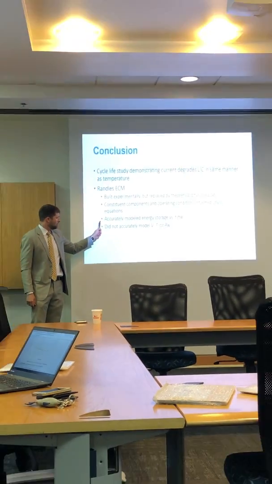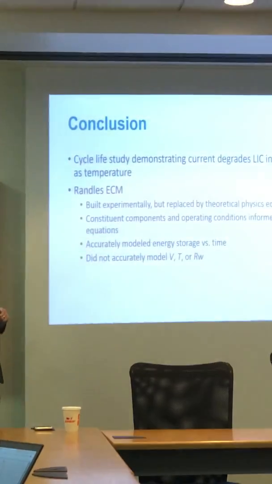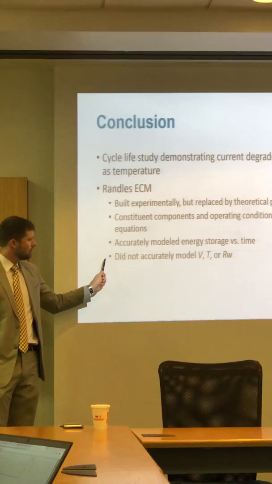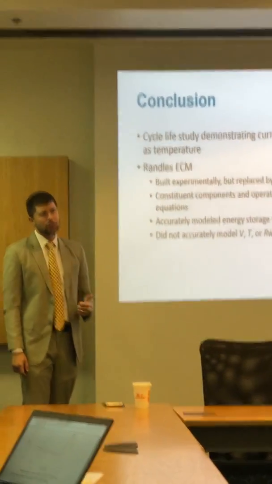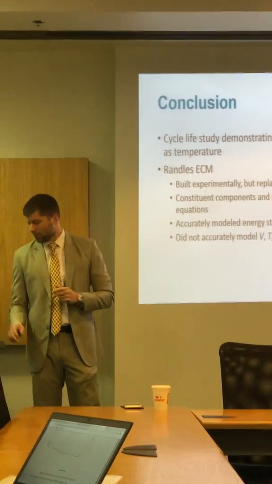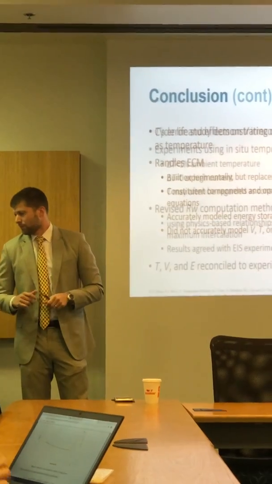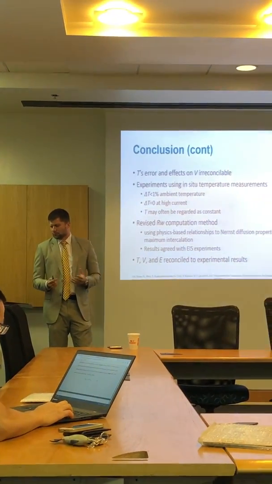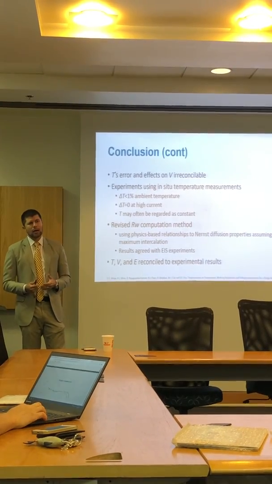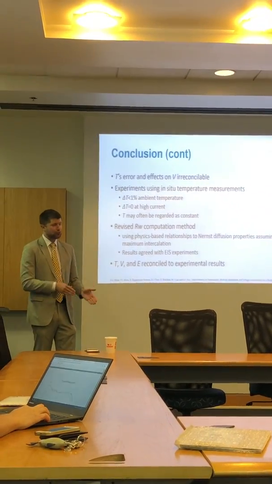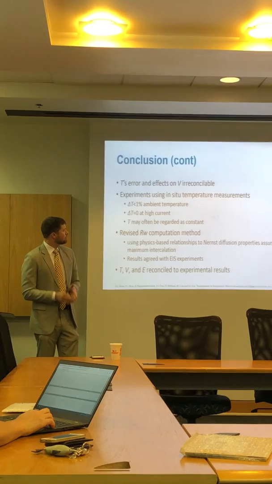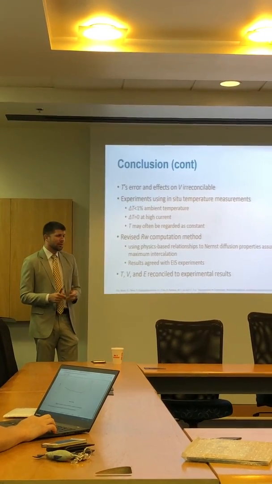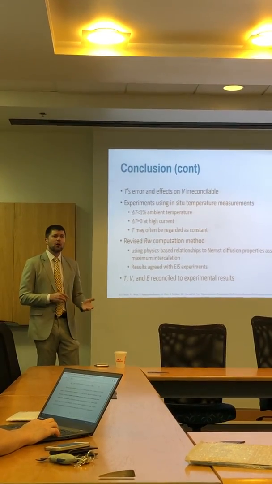And this accurately modeled energy storage versus time, but it was not accurate for voltage or temperature or Warburg resistance. And these inaccuracies were irreconcilable, so I had to do an in situ temperature study. And with that in situ study, what I found is that delta T's are typically very small.